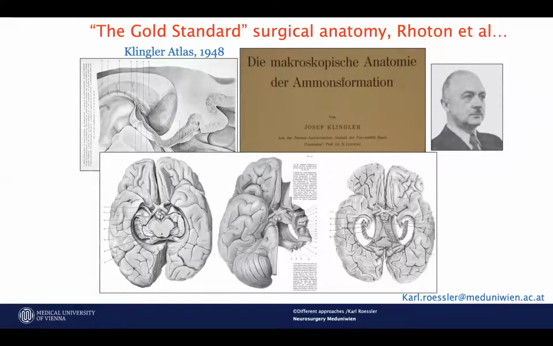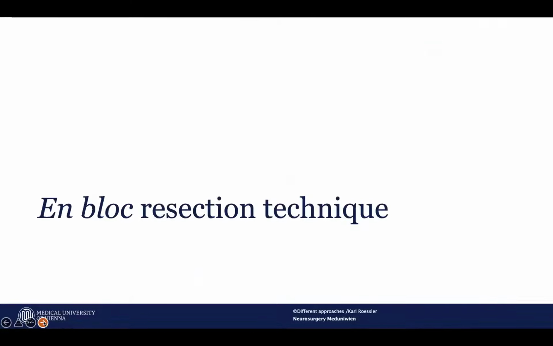It's an atlas dealing especially with the temporal lobe, and it is from Josef Klinger, who was a surgical anatomical preparator in Basel in the middle of the 20th century, and he did these wonderful drawings. And this is not available at the moment, but I have it as a PDF, and everyone who wants to have it can write me an email, and I will send it to you.